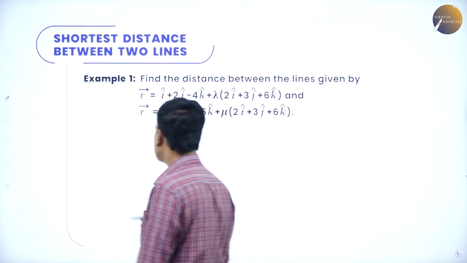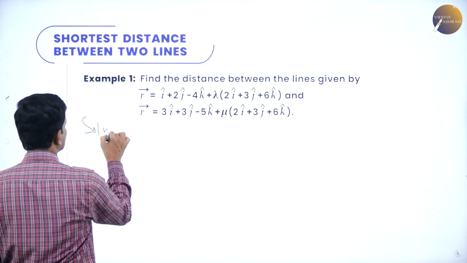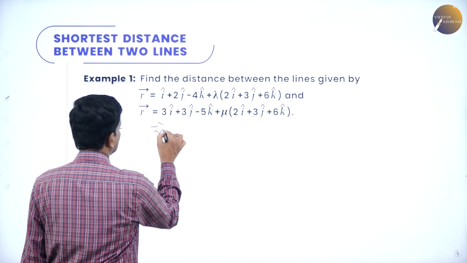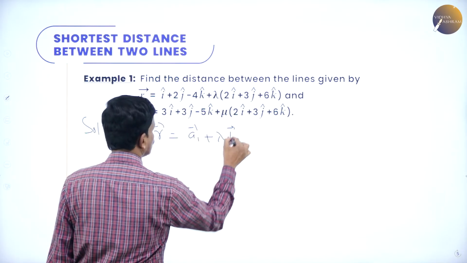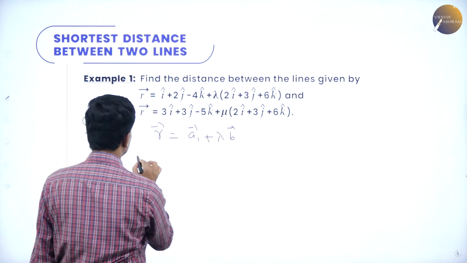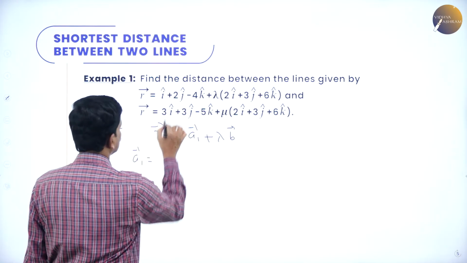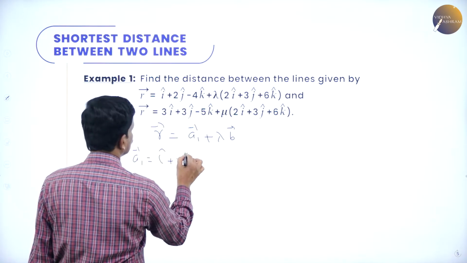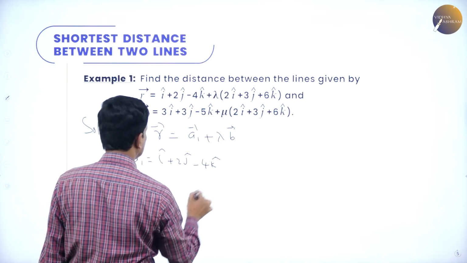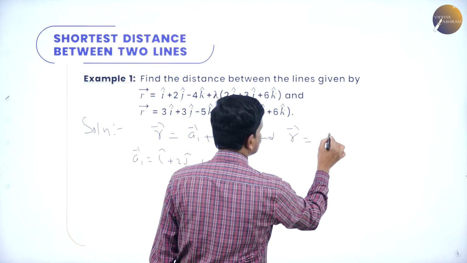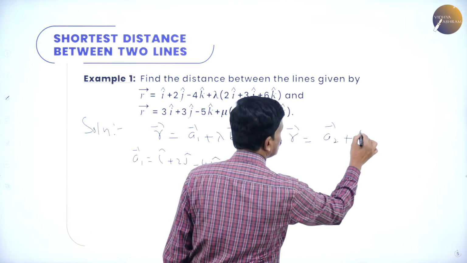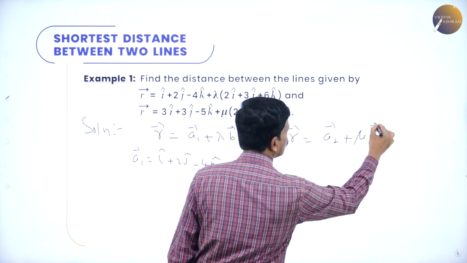Now comparing this with the standard equation, vector r is equal to a1 plus lambda into vector b. So what is a1 here? Vector a1 is equal to i plus 2j minus 4k, and the second is r equal to vector a2 plus mu into vector b.